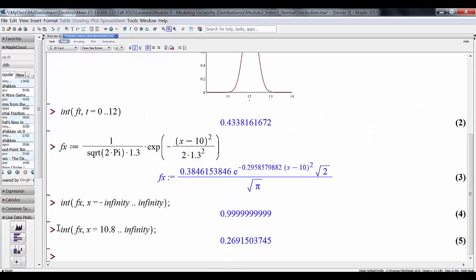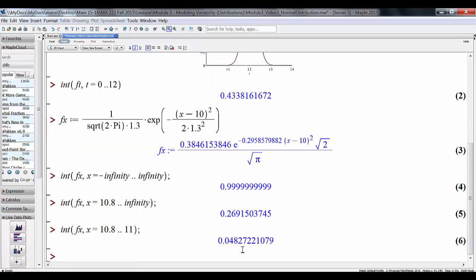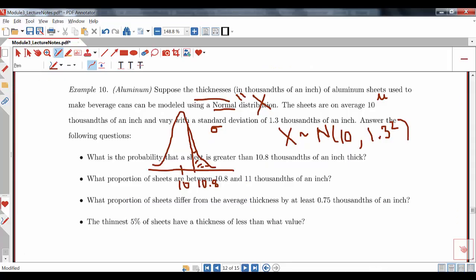All I have to do is go back to this computation, and I'm just going to put an upper bound of 11 instead of integrating to infinity. I'll just put 11 here, and I get about 0.0483. Next question, what proportion of sheets differ from the average by plus or minus 0.75 of an inch?